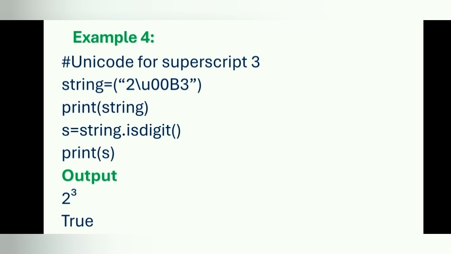Here the output is true because all the characters in the string are digits. In Python, superscripts and subscripts are also considered digit characters. The string isdigit method returns true if all the characters in the string are digits and is not blank, otherwise it returns false.